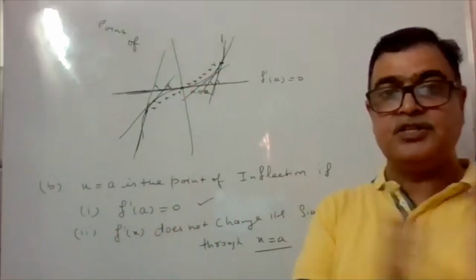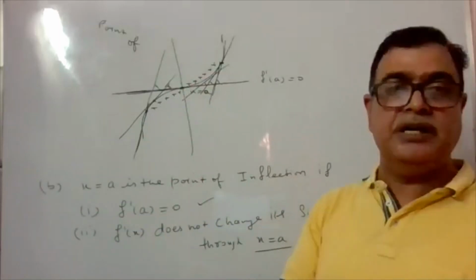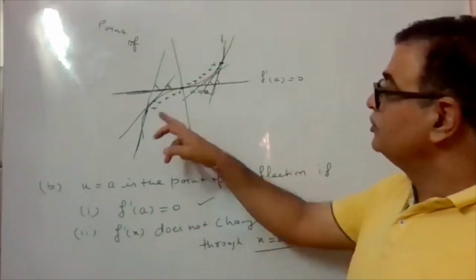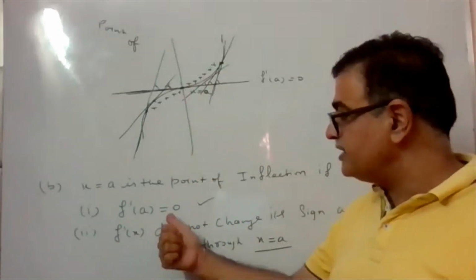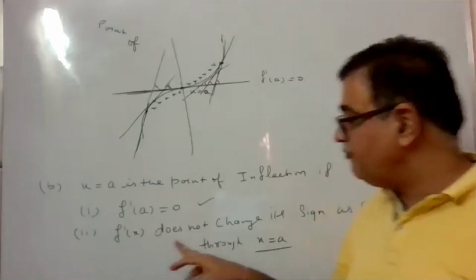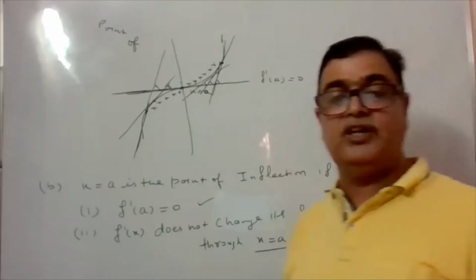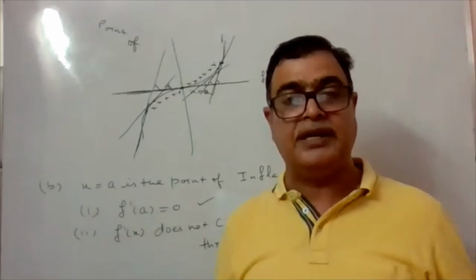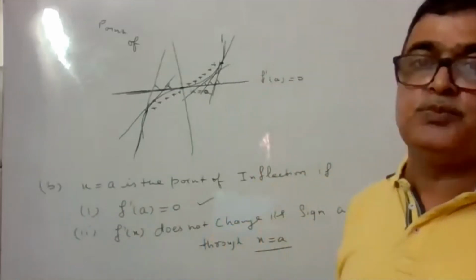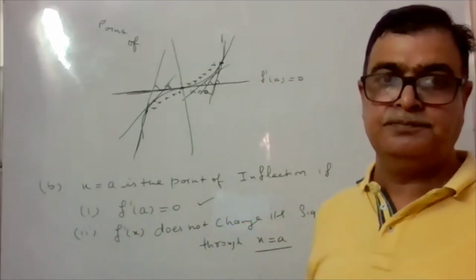It will remain positive to positive, or it can be negative to negative, that depends. So as f dash a is coming 0, but f dash x does not change its sign as it crosses through x is equal to a, remaining plus to plus or minus to minus, then this point is called a point of inflection.